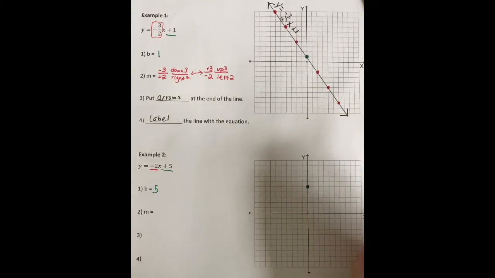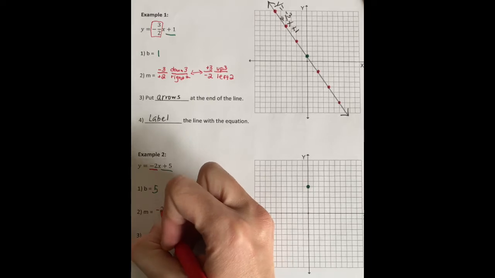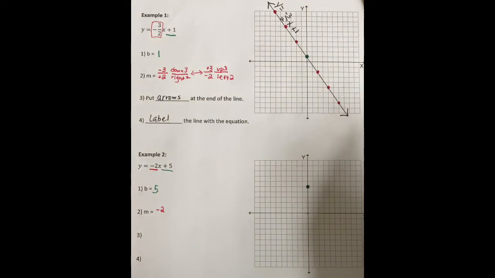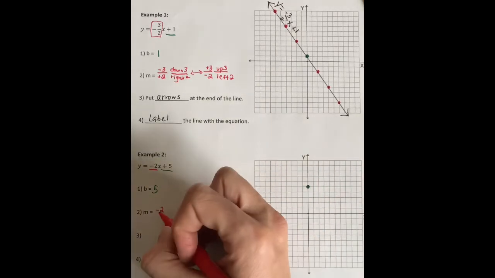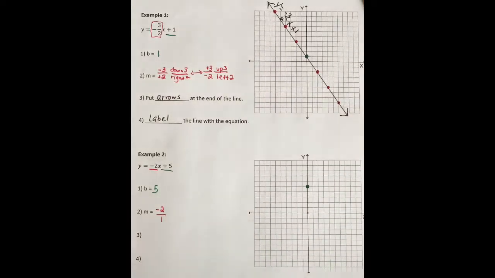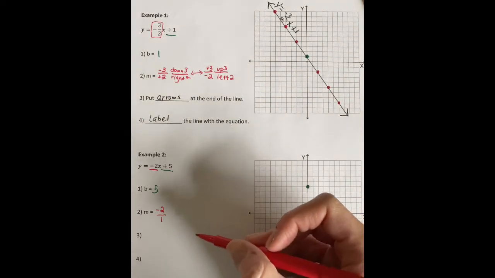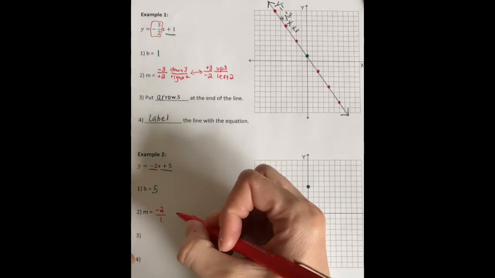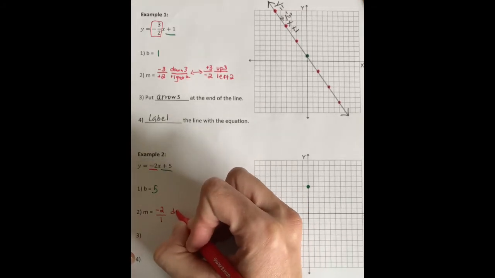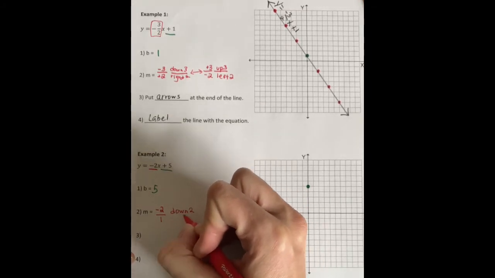If slope is always written as rise over run, how can I write -2 as a fraction? Well, any number could be written as a fraction if you put it over 1. So that denominator there is 1. So that then tells me that the -2, if I'm rising, that tells me I'm going down 2.